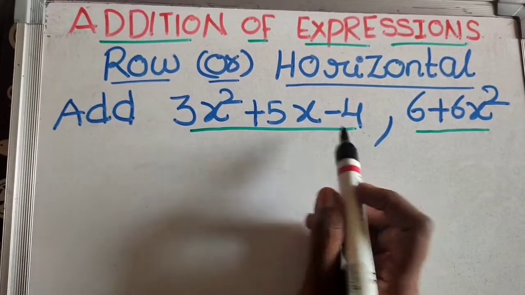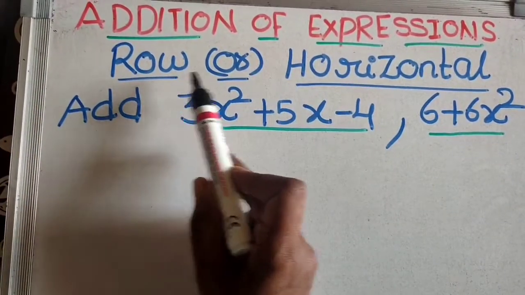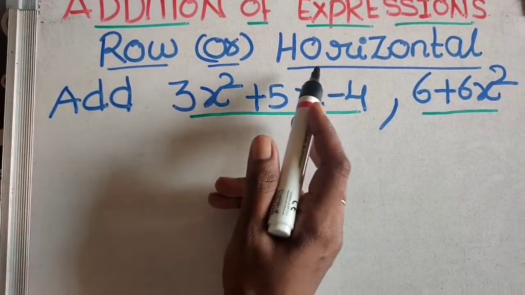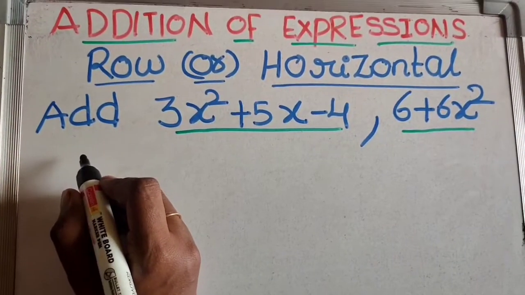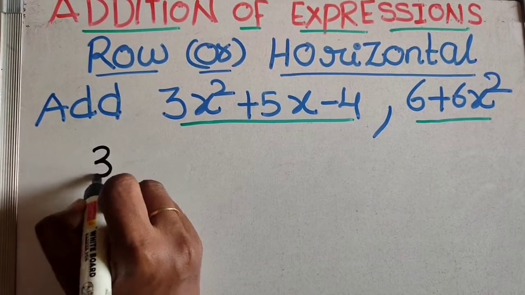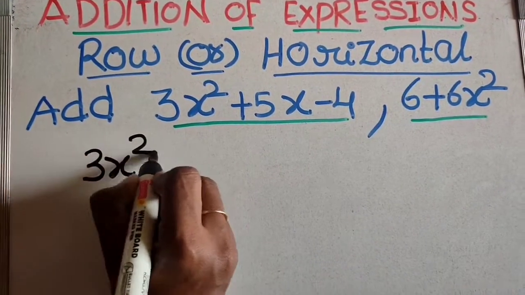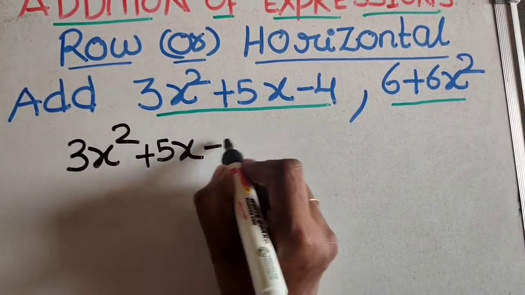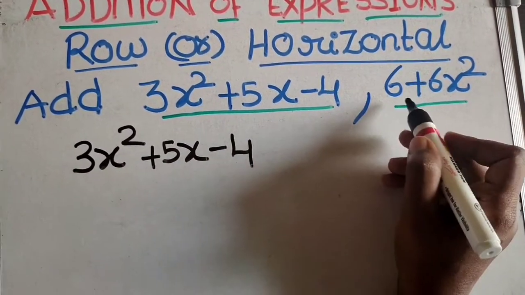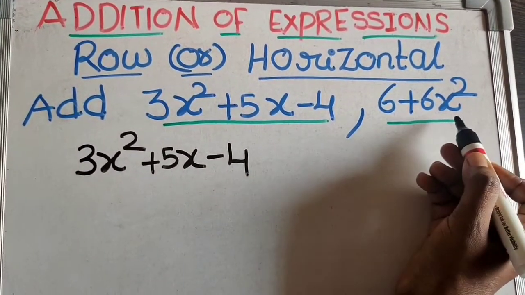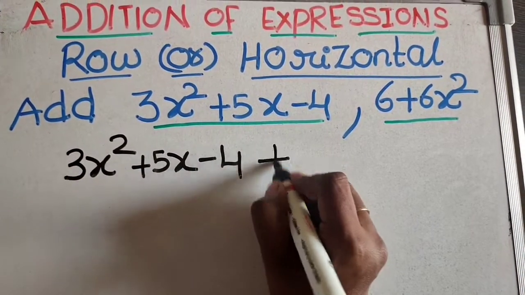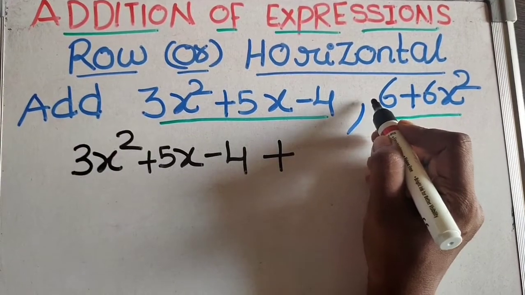Now here we are finding the addition of expressions in the row or horizontal method. Before that we have seen the vertical method. Now we are doing the horizontal method, which we can also call the row method. Let us take the given expressions. 3x square plus 5x minus 4, and get the second expression down by using the symbol plus, because we are doing addition.